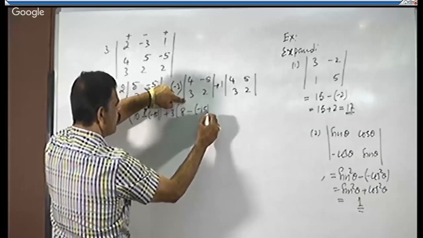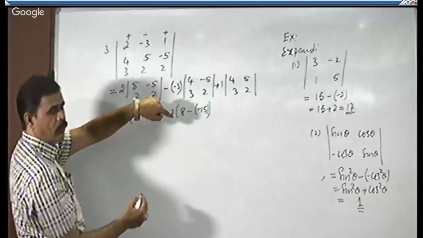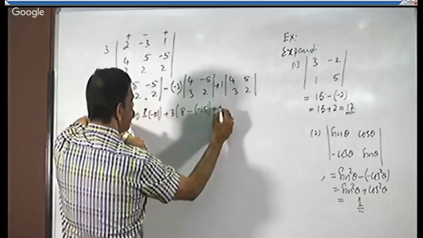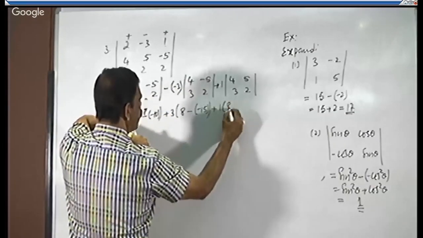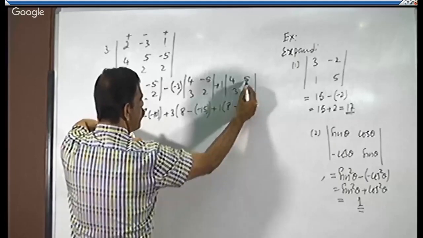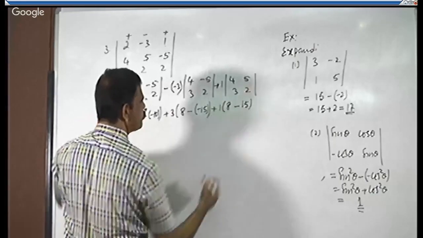Write it separately. If you write like this, don't be confused. 1 into 4 into 2, 8. Formula minus 3 into 5, 15.